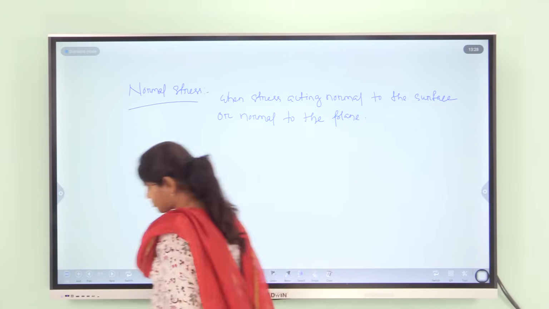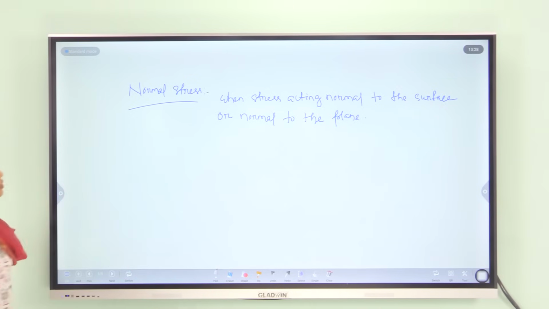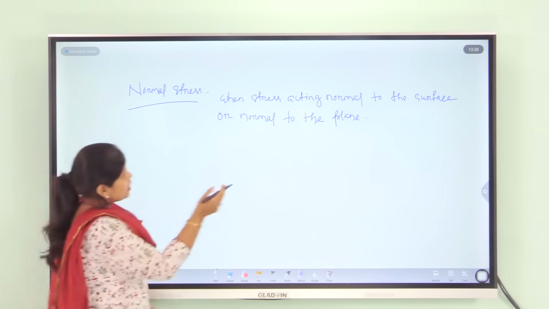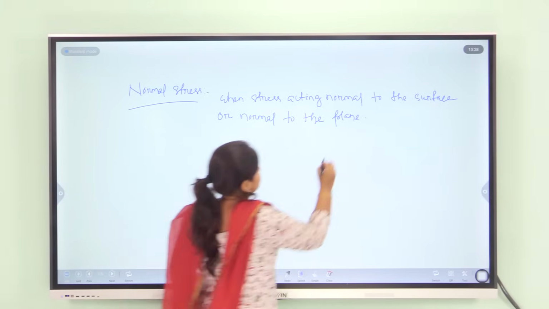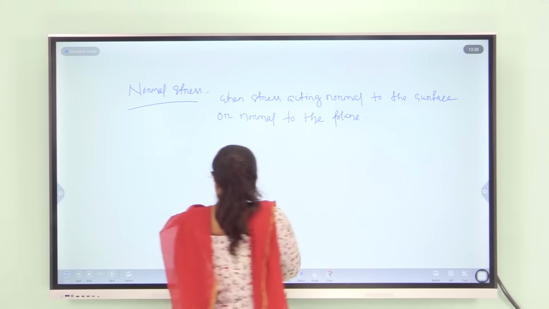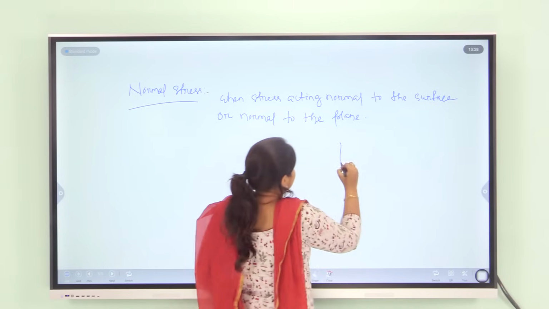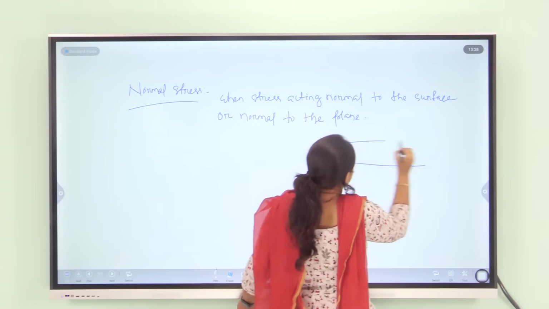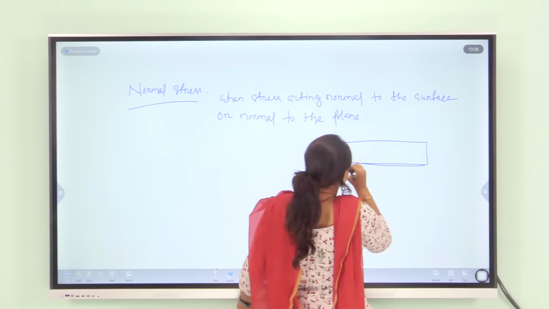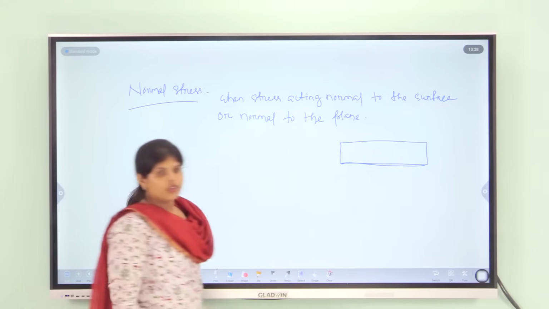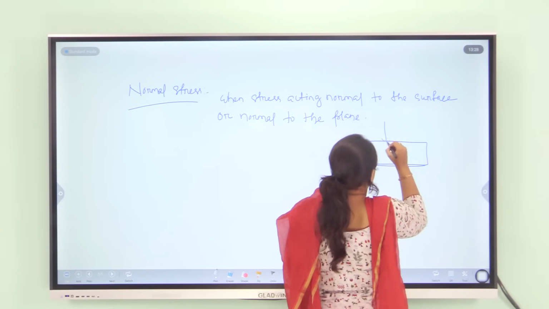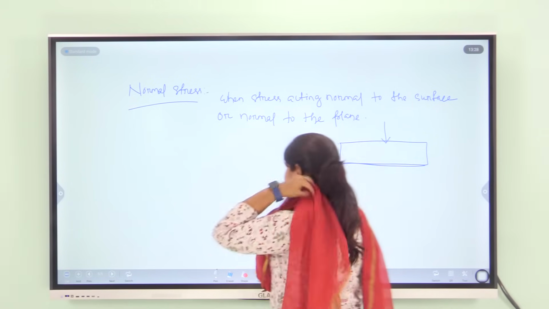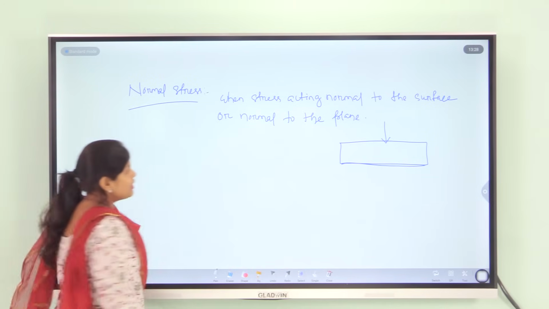Normal to the surface means, if here this is one object, and the force acts perpendicular to the object, that will become your normal stress.